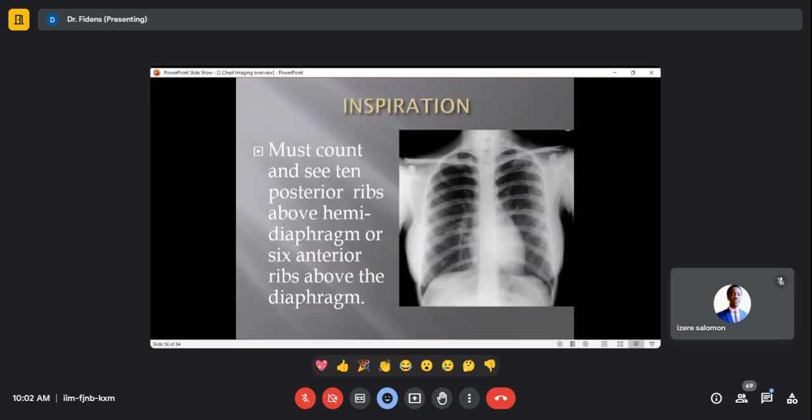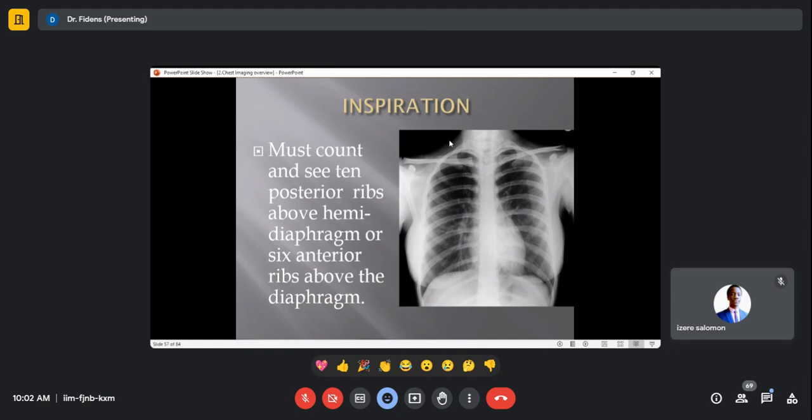Okay, that's number 2. Number 3 is about inspiration. Remember, I told you to count at least 6 anterior ribs above the diaphragm. Remember this first one, 2, 3, 4, 5, 6. This one I will not count because the mid-clavicular line is here, and this is not crossing the mid-clavicular line above the diaphragm.